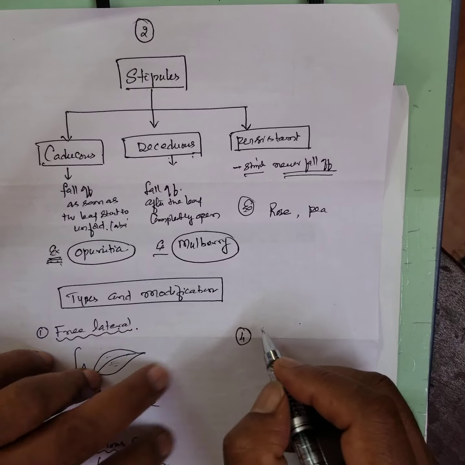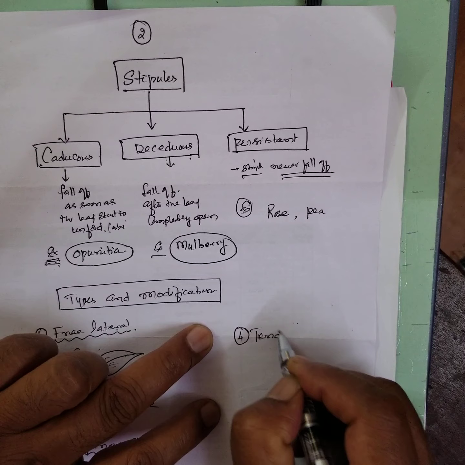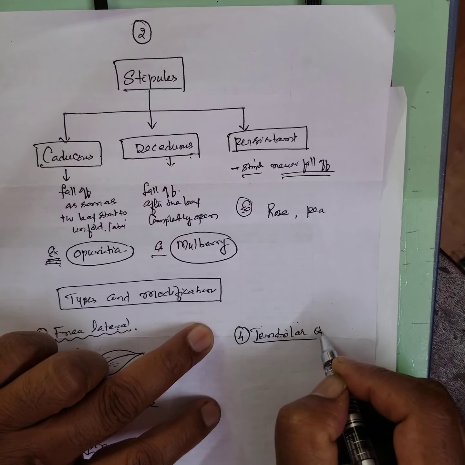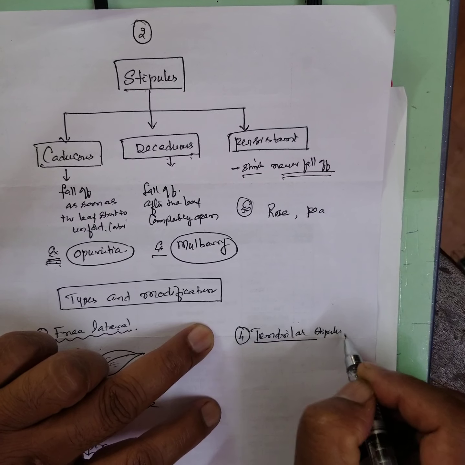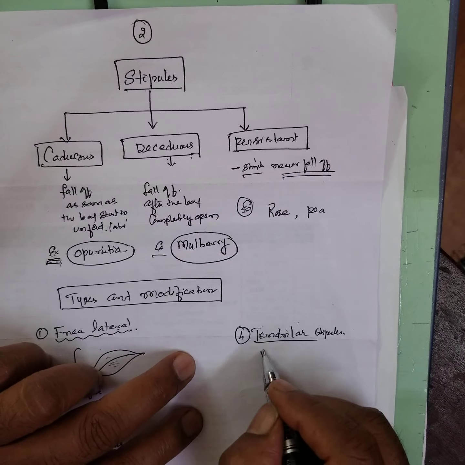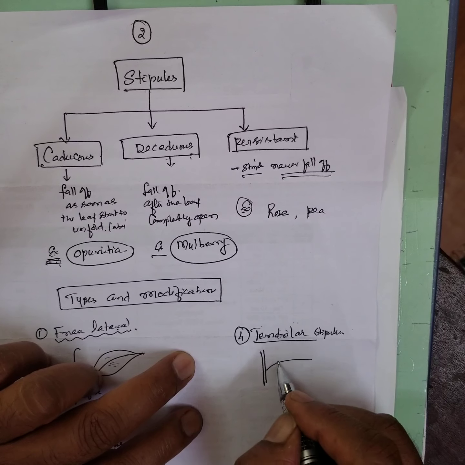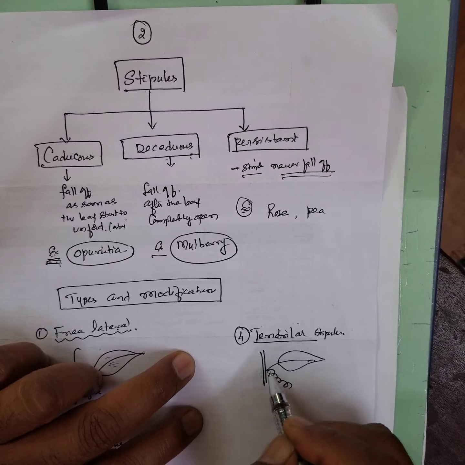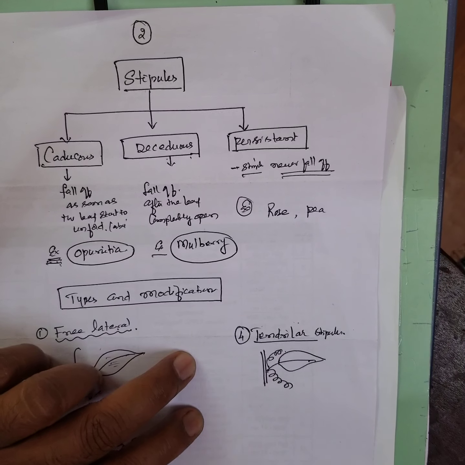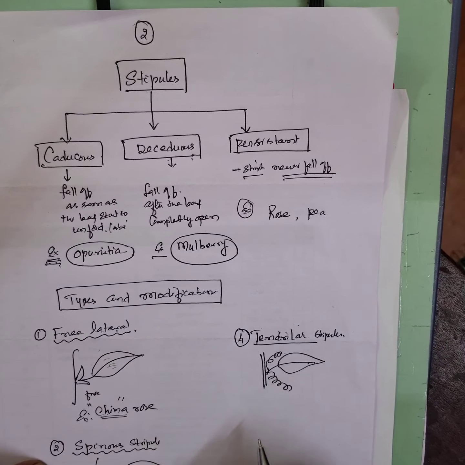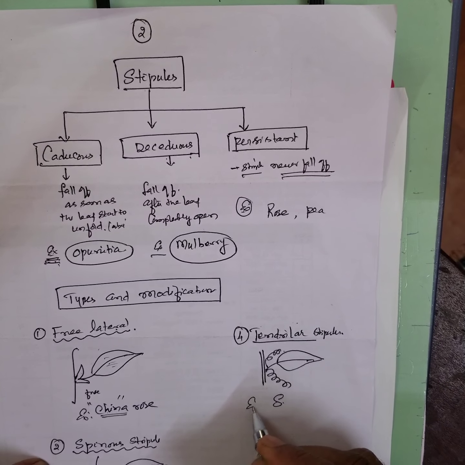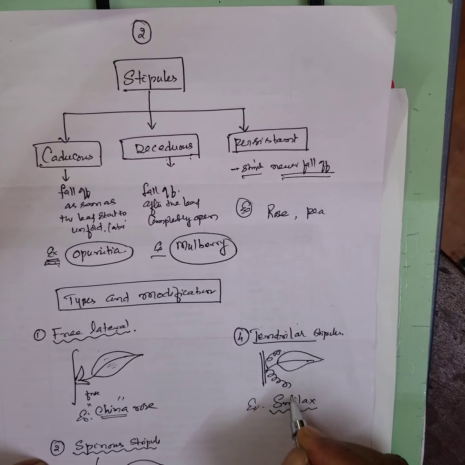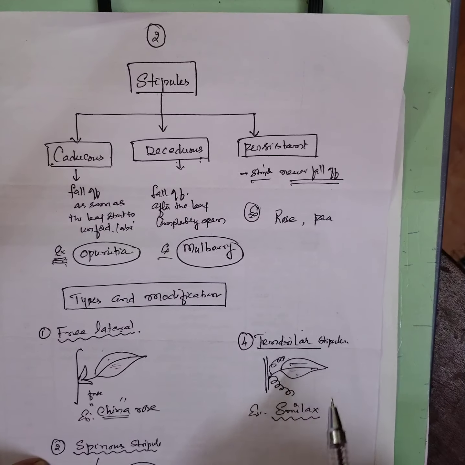Another one is tendrillar. Tendrillar stipule. What does tendrillar mean? Write a leaf. What is this? Smilax. Smilax is an example. Smilax leaf on this one.